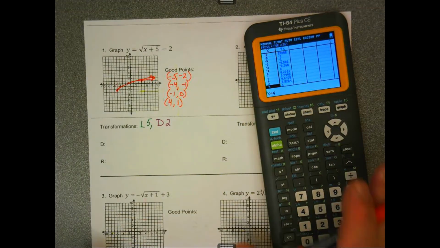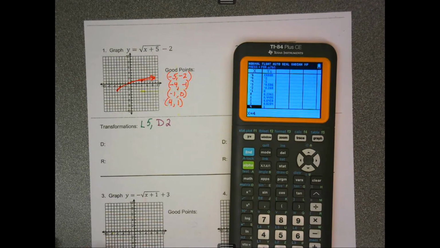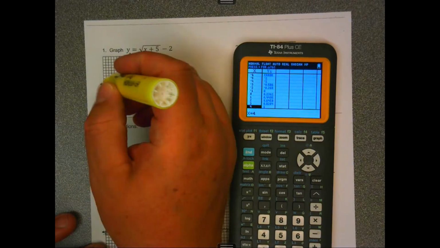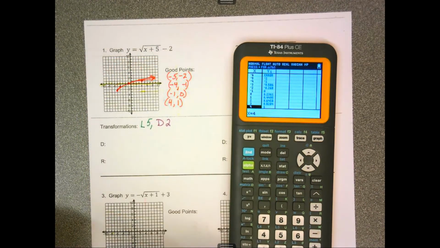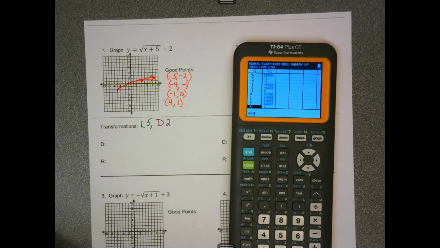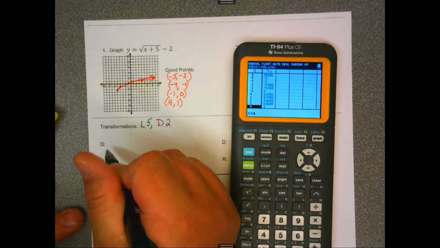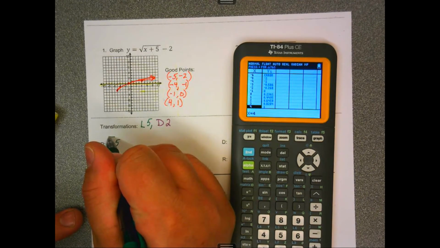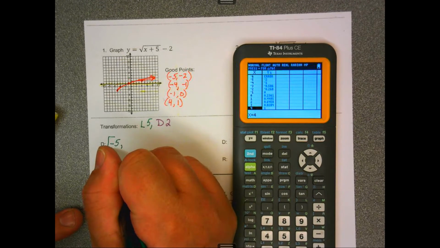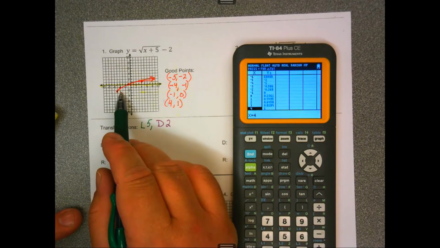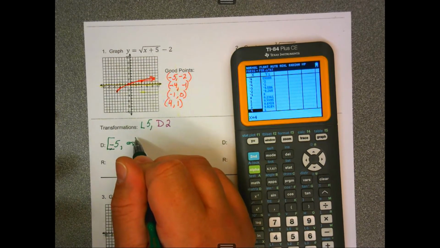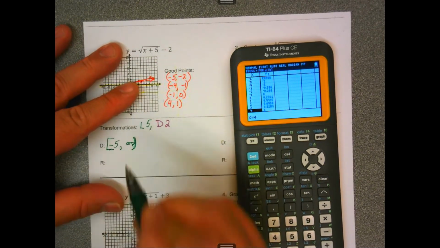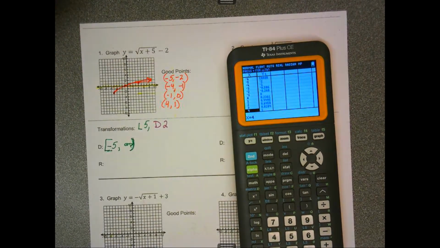Okay. Domain. X values. Well, for my x value, the smallest one starts at -5. It includes -5, so it gets a bracket. And then looking at the x values, it's going to go to positive infinity with a parenthesis, because all infinities get parentheses.